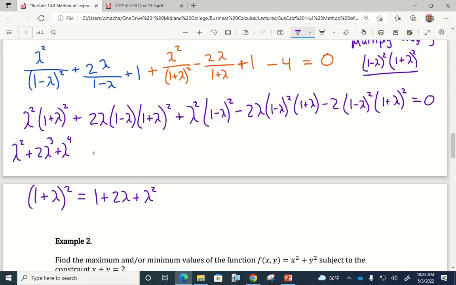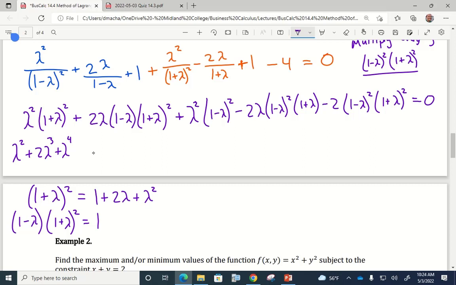I'm going to get really tired of saying the word lambda. So 1 minus lambda times 1 plus lambda squared is going to be like multiplying this thing times 1 minus lambda. So 1 times 1 gives me 1. 1 times 2 lambda gives me 2 lambda.